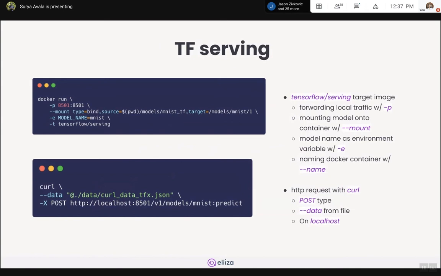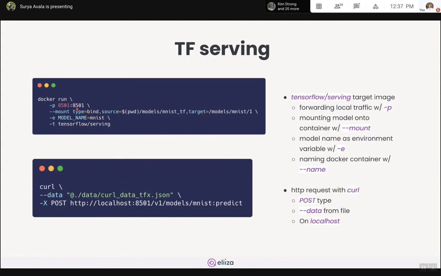So what does TensorFlow Serving look like? It's pretty simple if you're using TensorFlow models. TensorFlow supplies these Docker images for TensorFlow Serving, which is this one, tensorflow/serving.